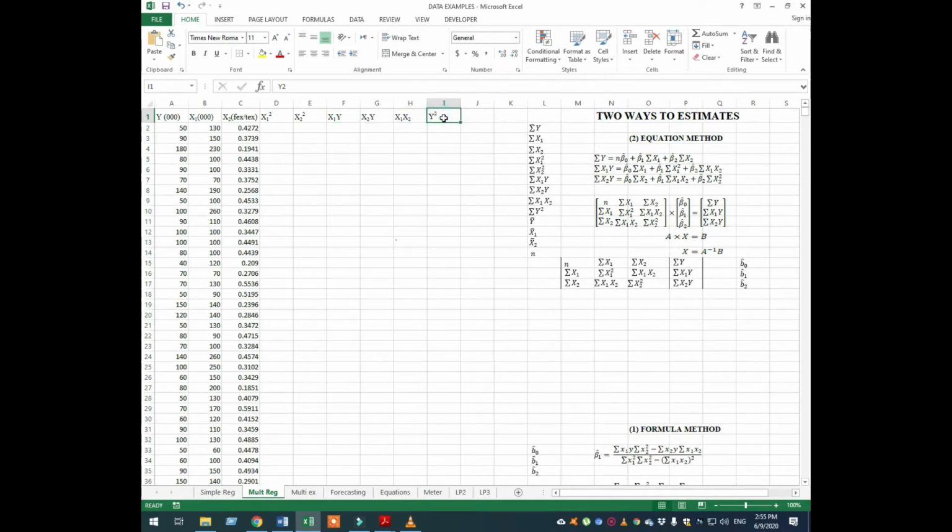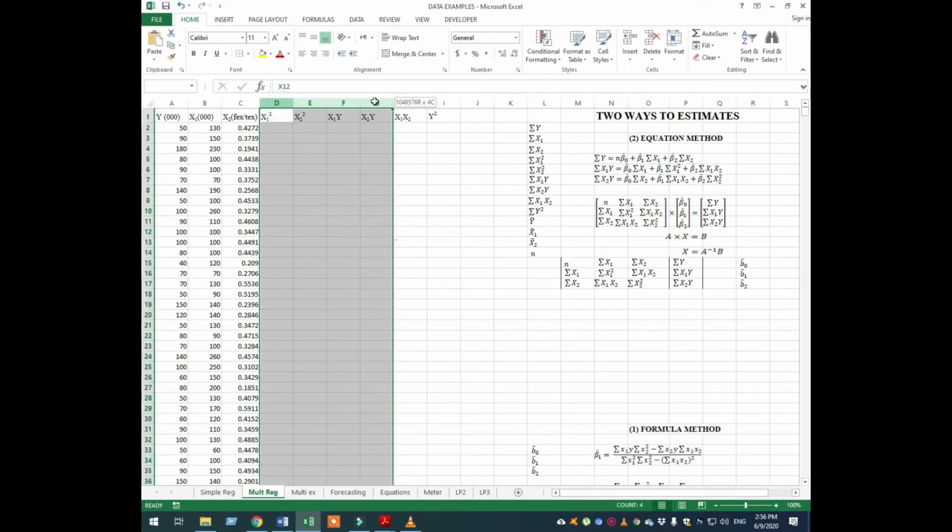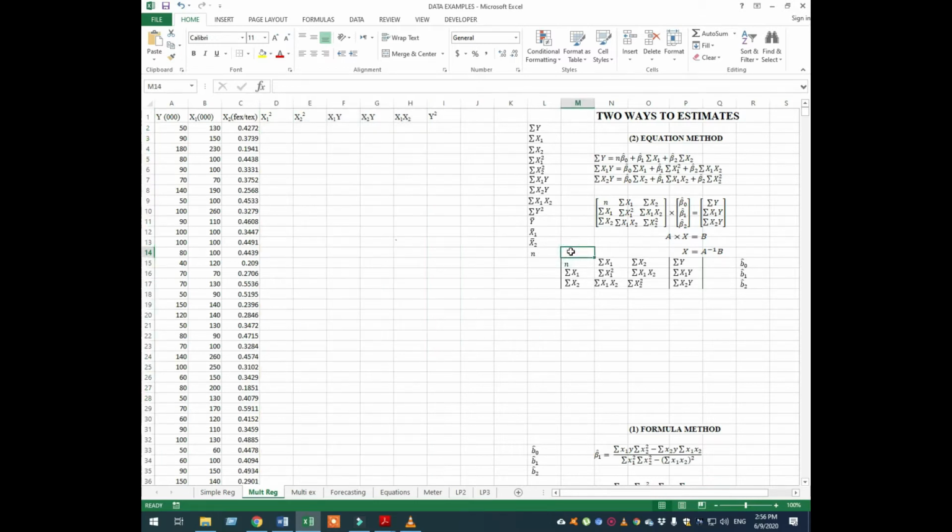Here y square is also written, but at this stage it is not needed, so I will calculate just these 5 factors. And obviously we have the number of observations, that is 15, which is the sample size.